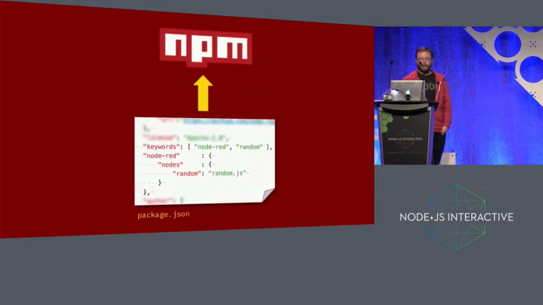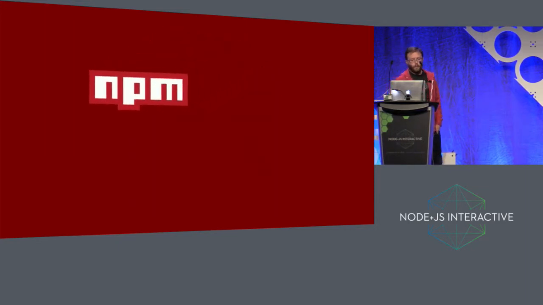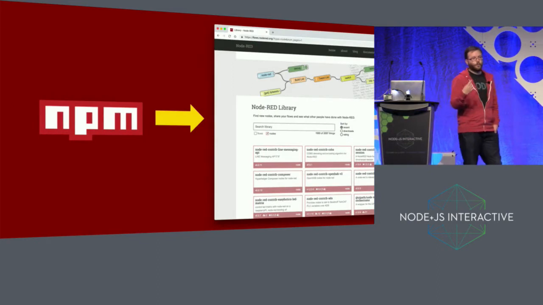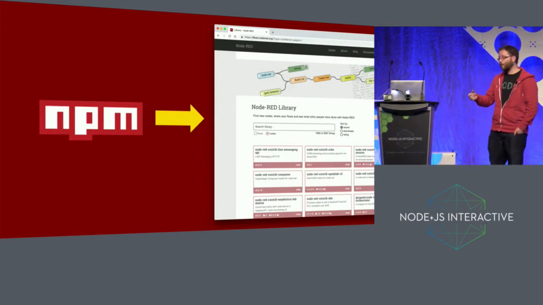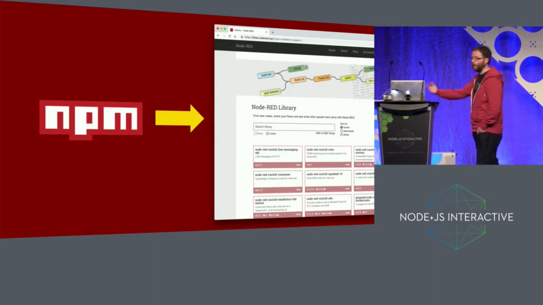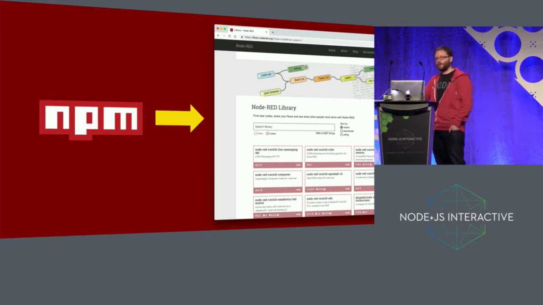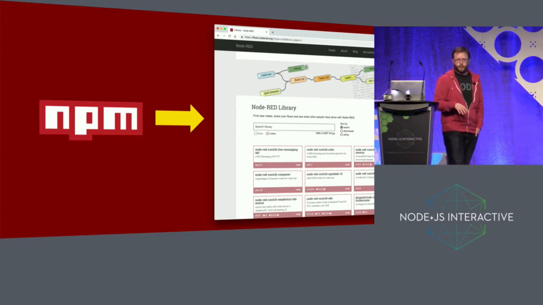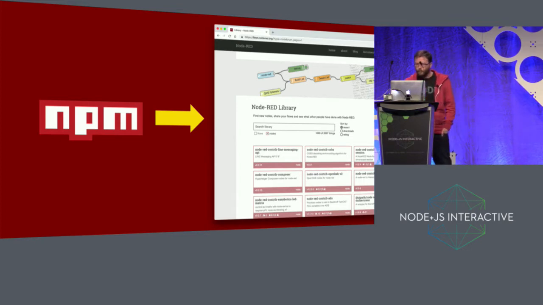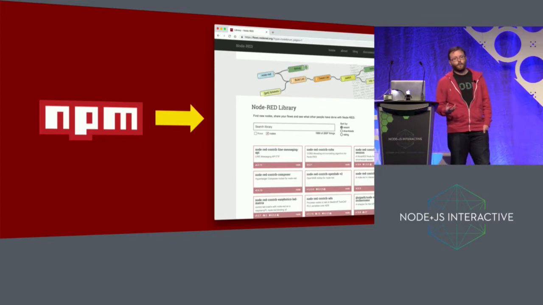When that gets published to NPM, we trawl it, searching for the keyword node-red, pull it down, examine it, make sure it meets some basic criteria, and then it gets indexed on the Node-RED website as an extra node that someone can install. At the current point in time, I think recent enough, there's 1,660 third-party nodes available for Node-RED.